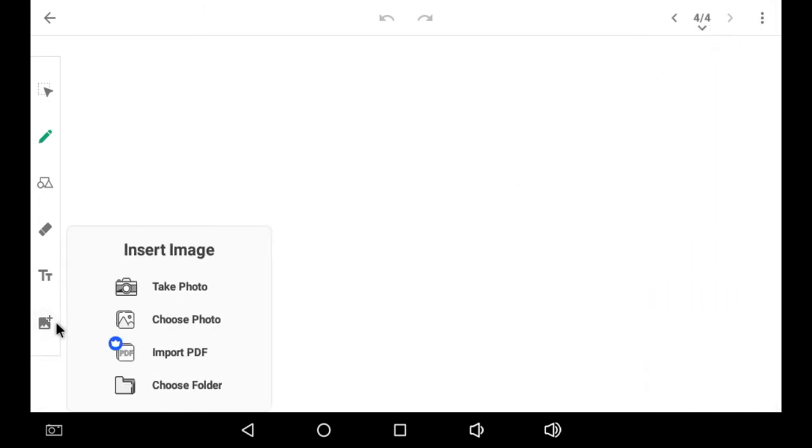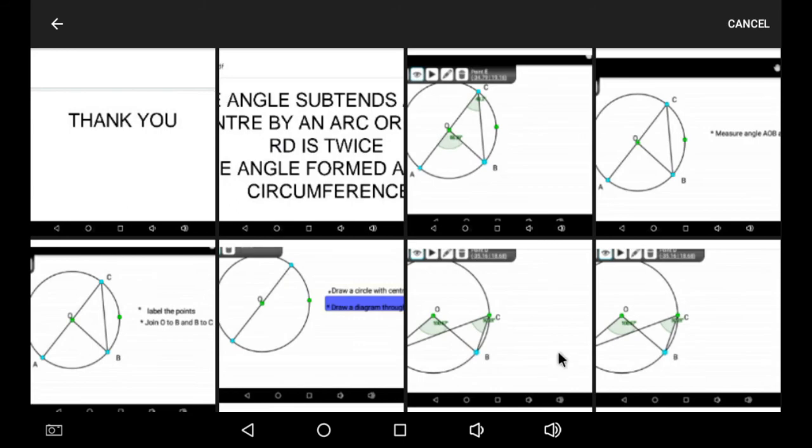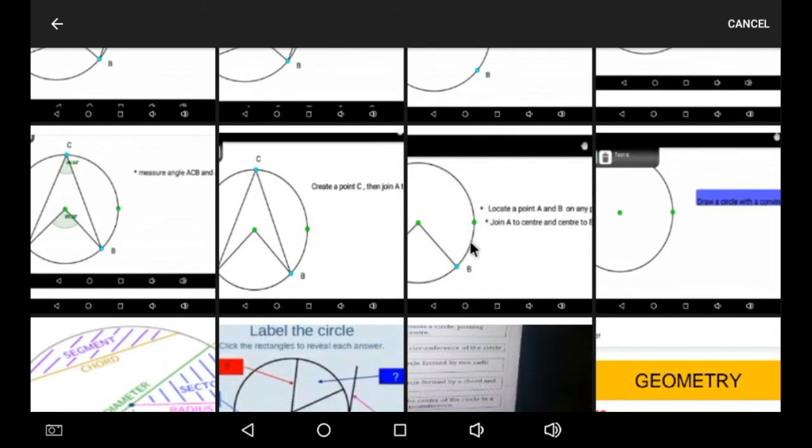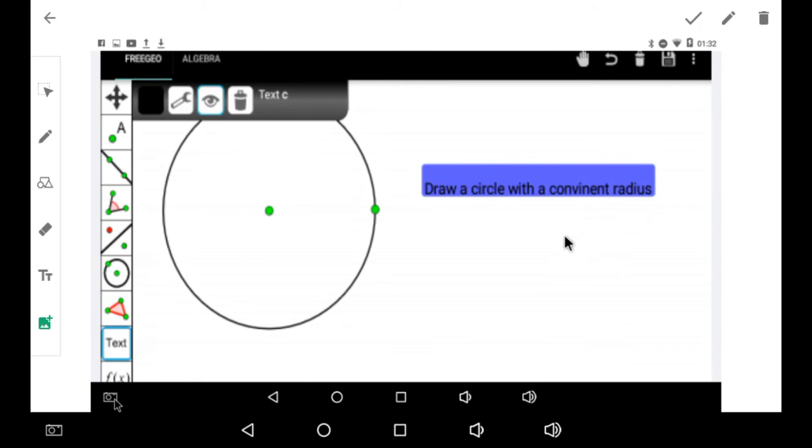So we'll continue with what we have to do. I know you all brought your math instruments, so we can proceed. Let's draw a circle with a convenient radius. I'll give you just 30 seconds to do that.